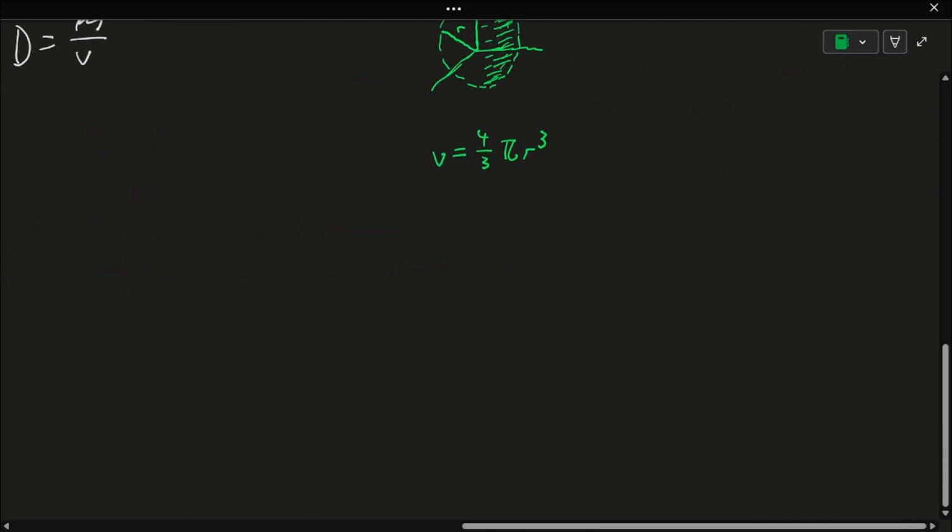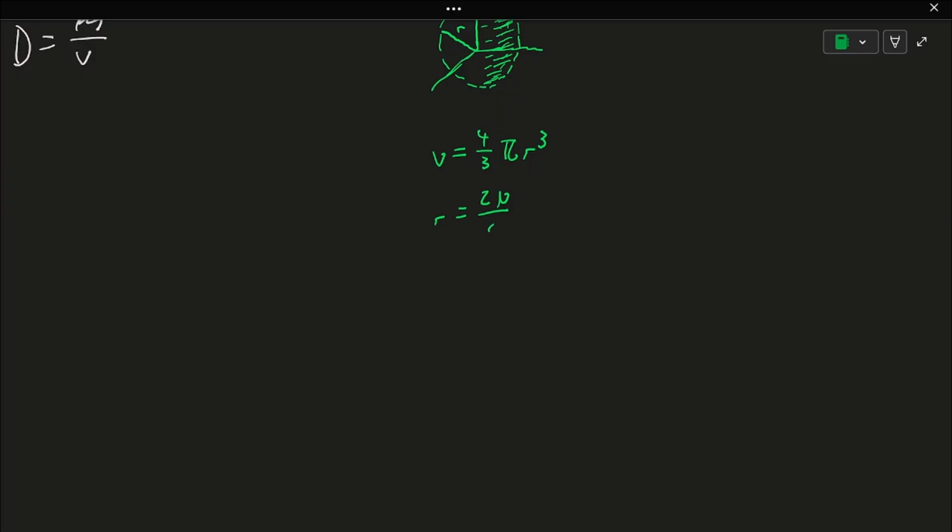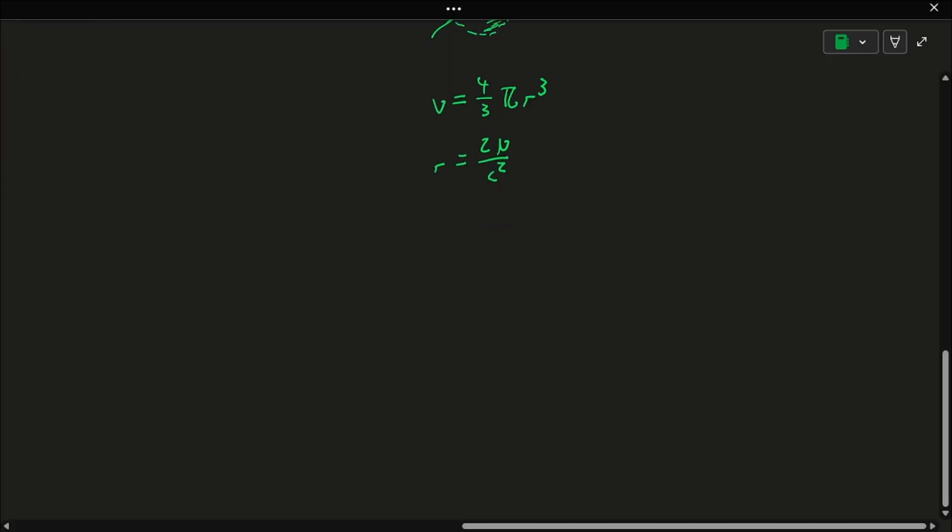So we know that R equals 2 mu divided by c squared. Remember that mu equals GM, so our gravitational coefficient multiplied by our mass.